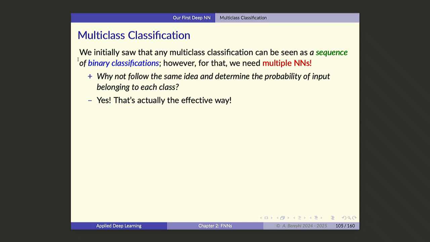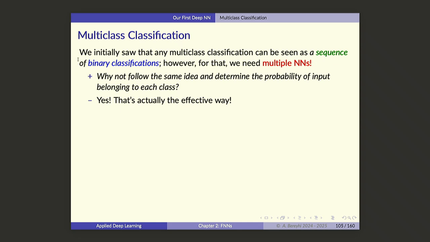If it is handwritten 0, then it's over. If it is not, then you ask, is it handwritten 1 or anything more than 1? If it is handwritten 1, you stop. If not, you go for the next one, and so on, right? But if you want to do it as a kind of hierarchical architecture, it's like you have multiple neural networks, and this is too much computation, too much complexity.